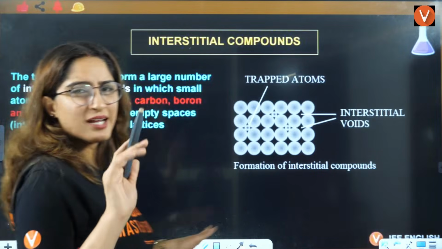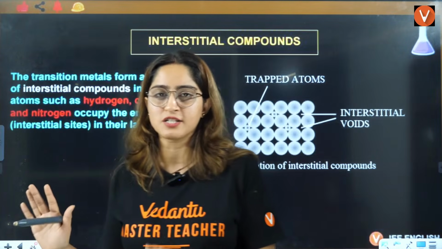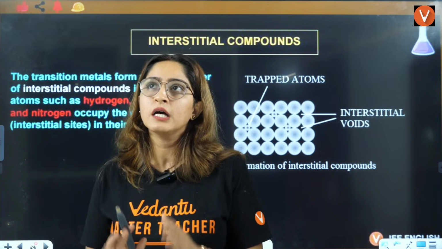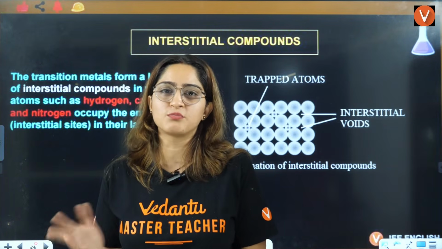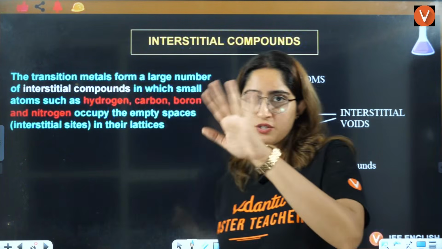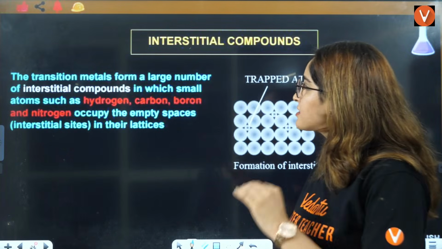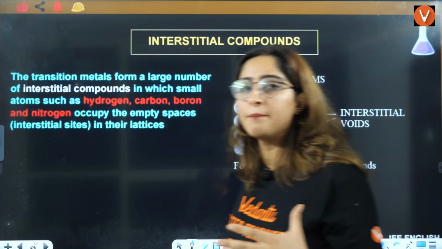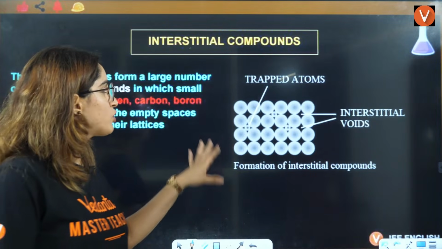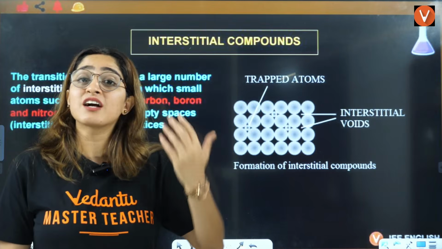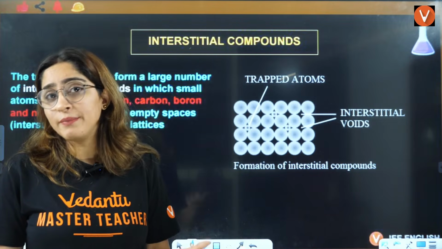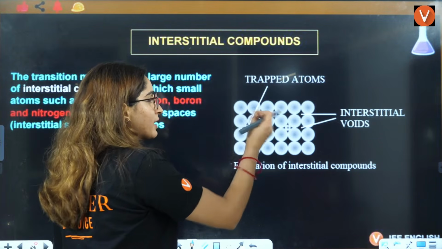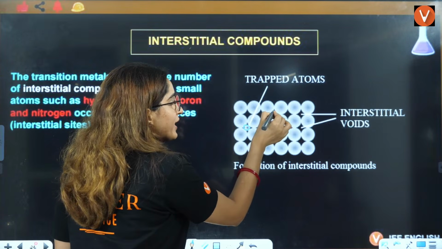Now let's understand alloy formation and interstitial compounds. I'm just teaching you, I don't think questions will be asked from here, but just go through them. The transition metals form a large number of interstitial compounds. What are interstitial compounds? When you talk about the structure of any element, the atoms are linked with each other and there are voids in between.